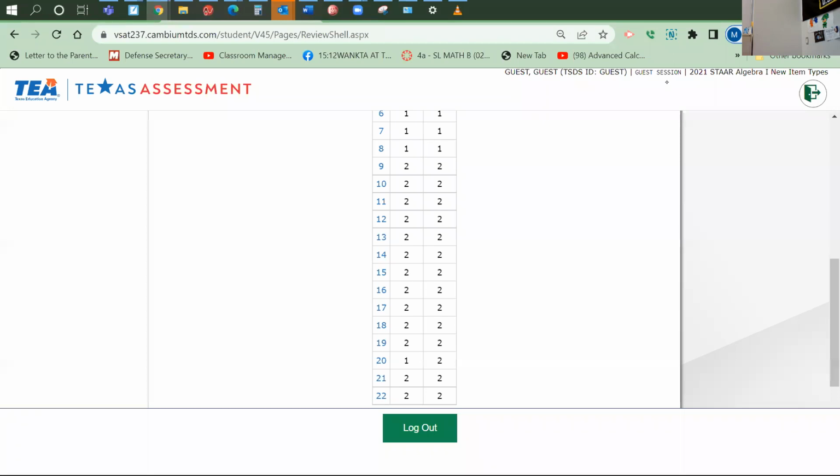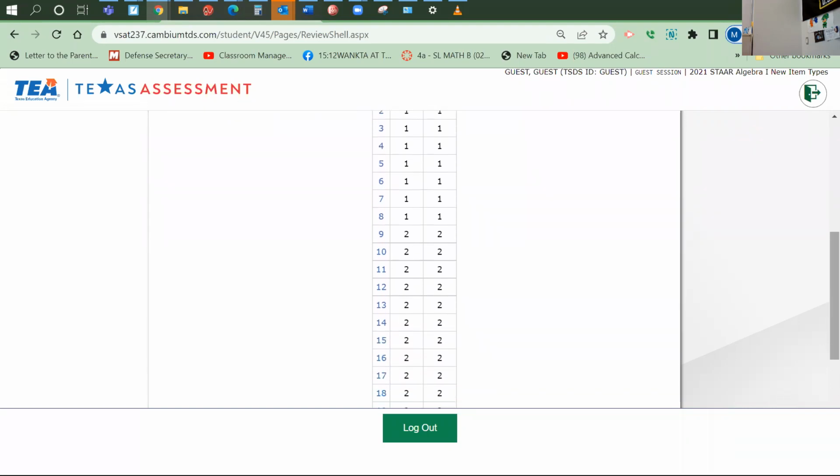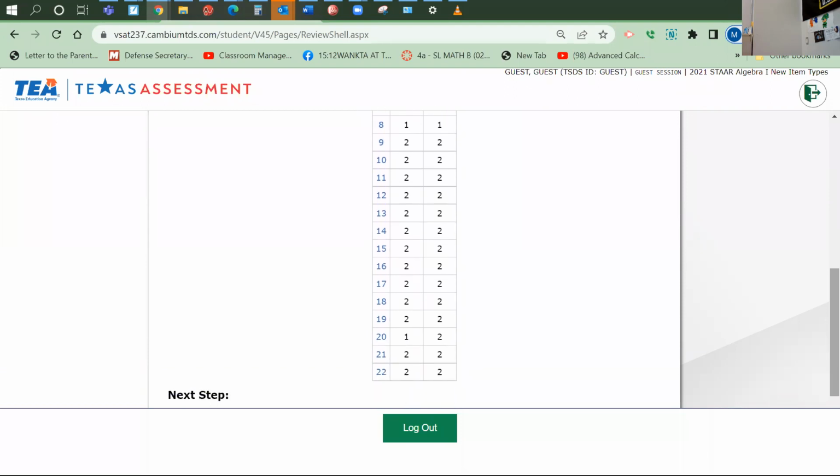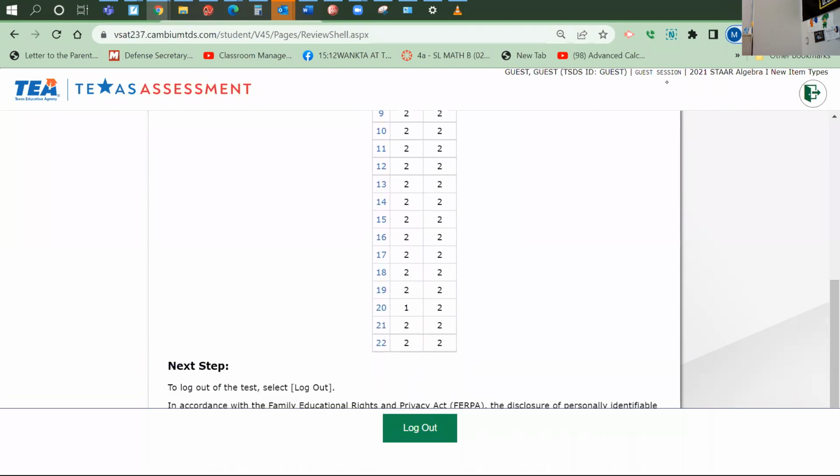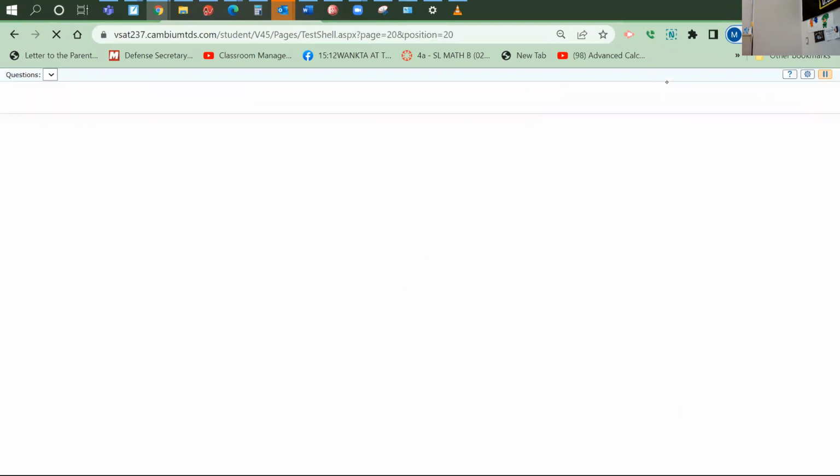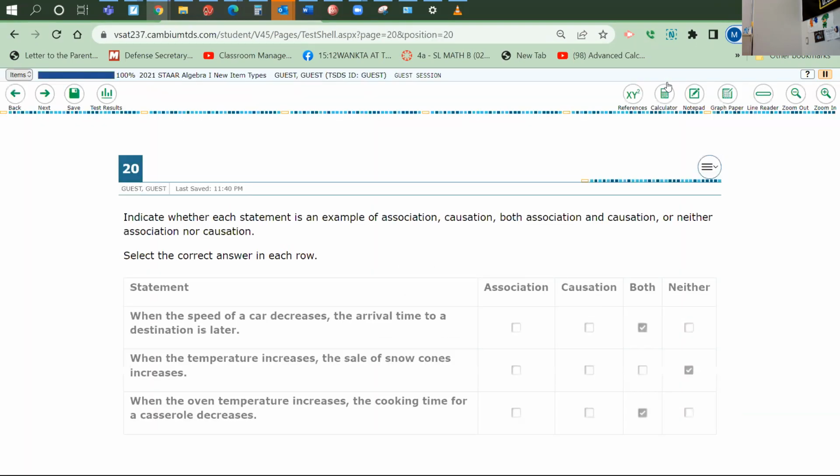All right, guys. I went ahead and submitted my results, and as you can see, I think I just missed one. You can see it is number 20, and that's the one with causation and association.